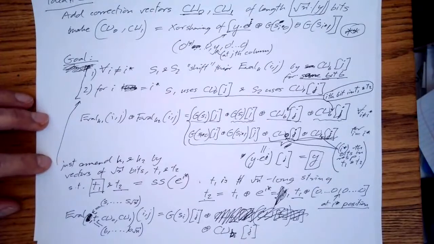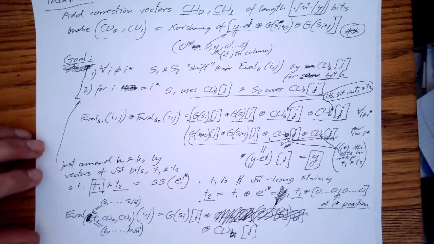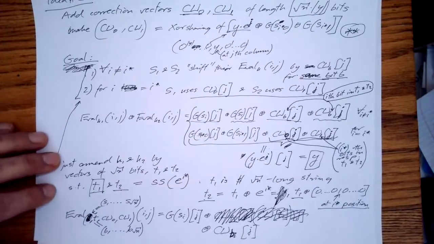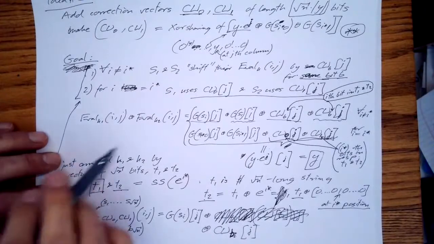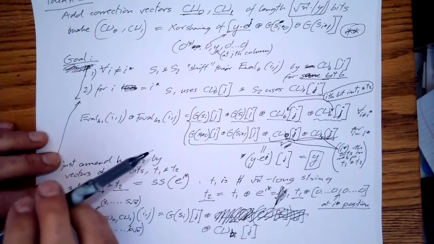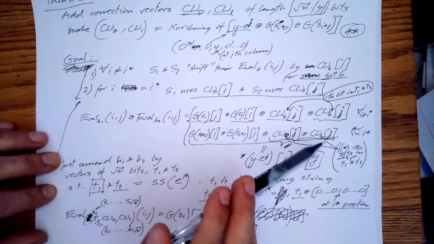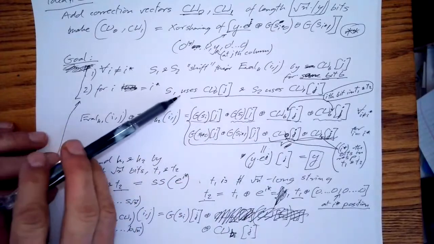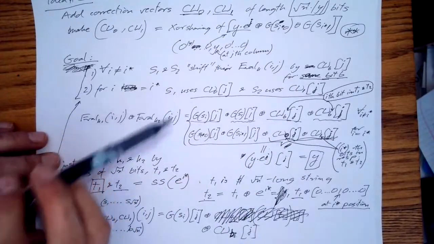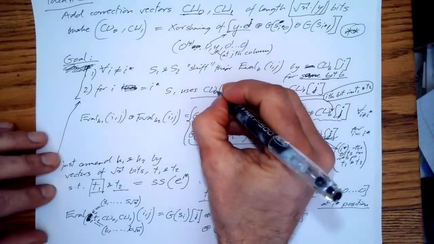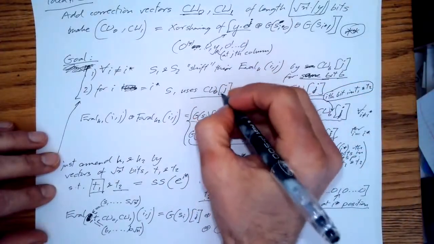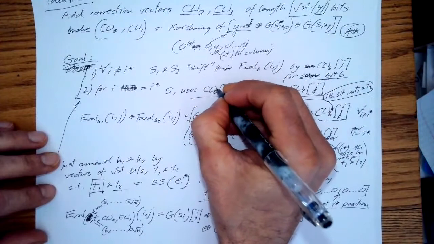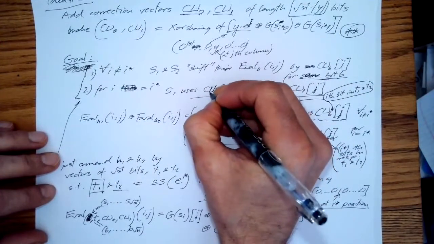Okay, I get it now. It's just that when you wrote the second goal, it should be that S1 uses CWB, and S2 uses CW1 minus B. Yes. Okay. Good. That was making me confused. Yes, right.